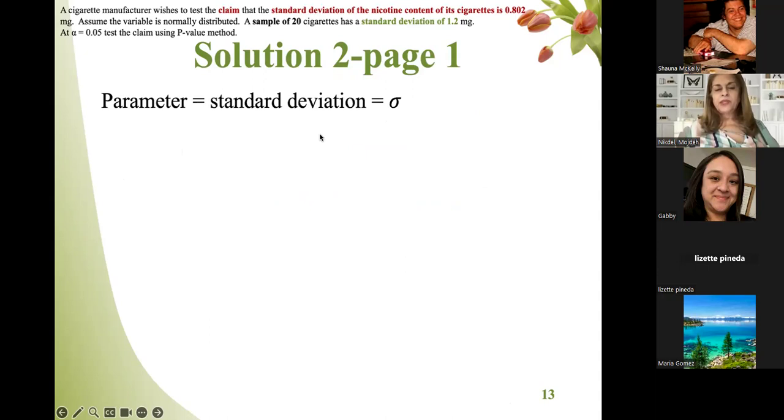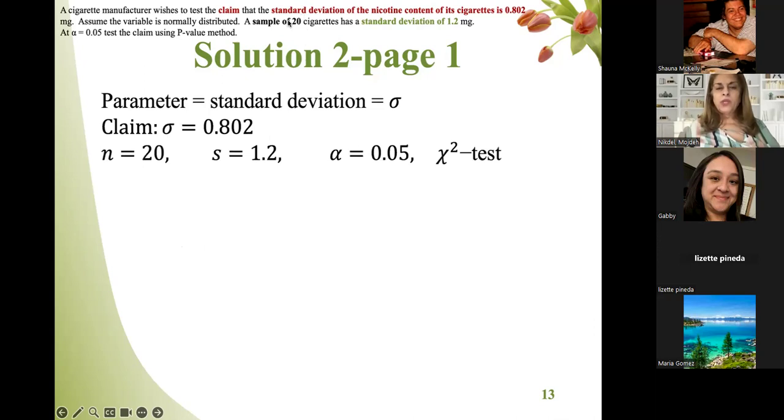In the claim sentence, claim sigma is equal to 0.802. n was 20, 1.2 was S, alpha is 0.05. And since the parameter is a standard deviation, we're going to use the chi-square test.